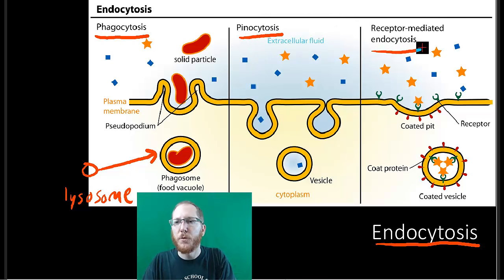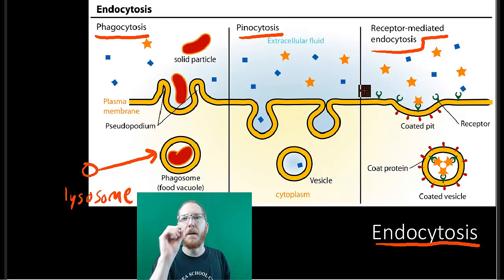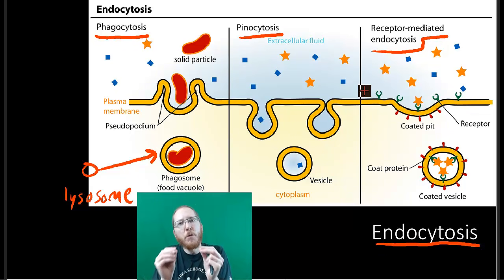And then lastly, there's receptor-mediated endocytosis, where you want a specific particle, and you want lots of it. You get proteins that are receptors and grab hold of that particular molecule, we call it a ligand, whatever we're after, and hold on to it. You put them in one specific region of your plasma membrane, and then you fold up and bring that region in, and because those receptors are holding on to that ligand, we can make sure we get the molecules we want.